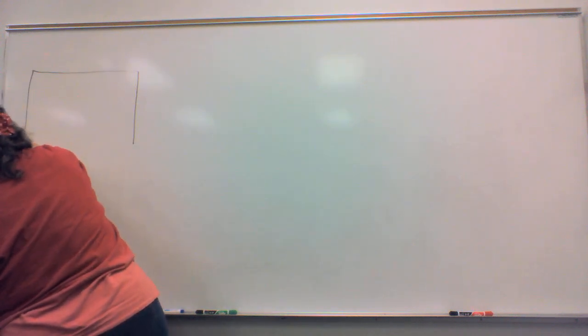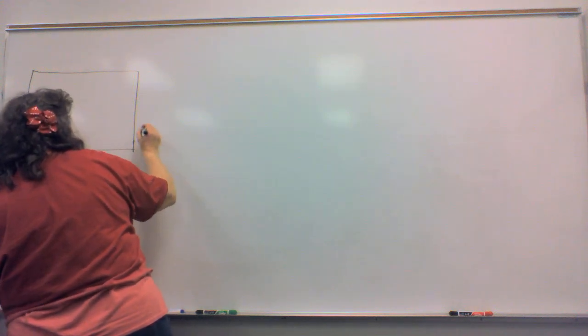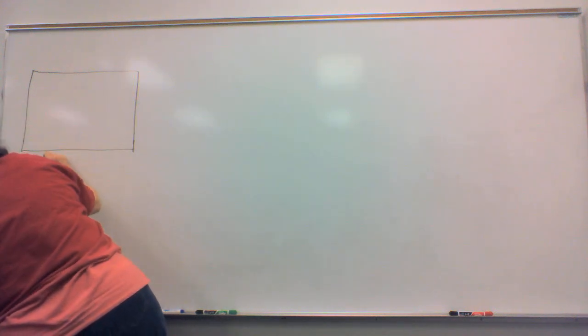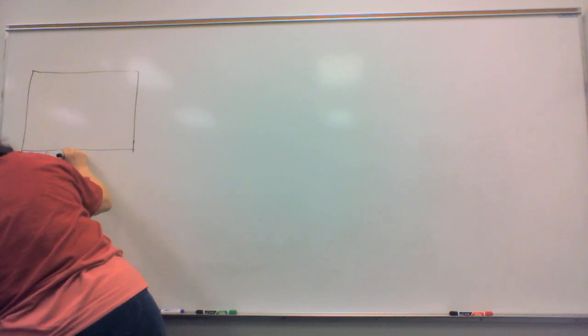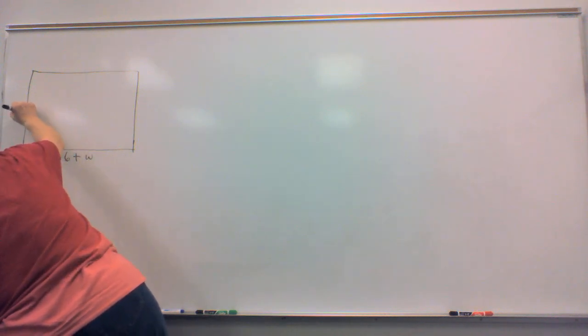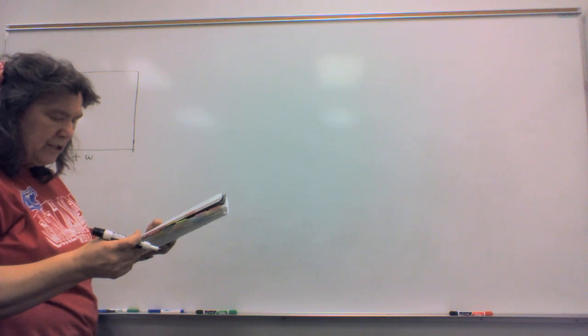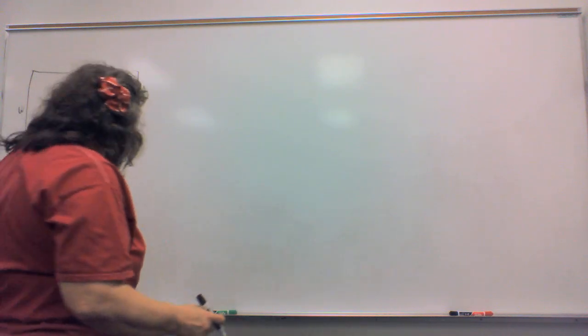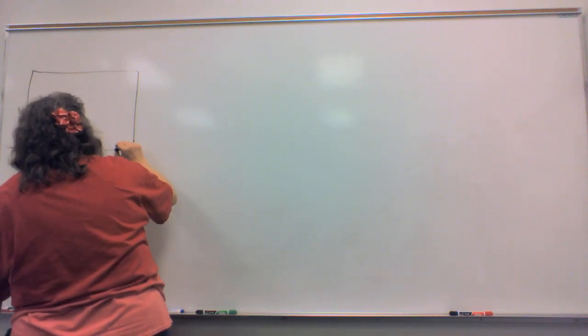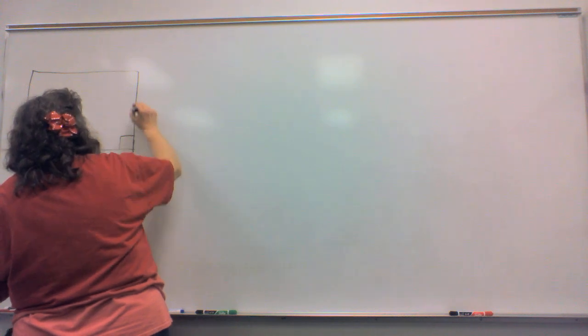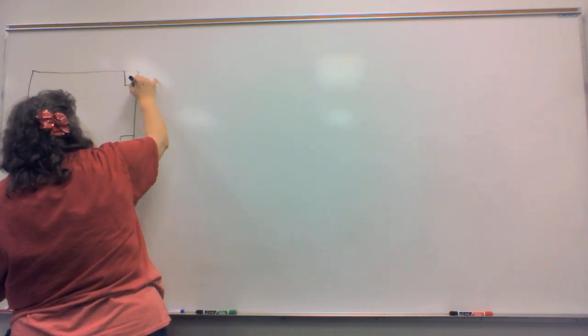And I have a piece of cardboard that makes a box. And it says the length is equal to 6 inches more than the width. Okay? Now what's going to happen? It says a 2-inch square is cut out of each corner. So we're going to cut a 2-inch square out of each corner.